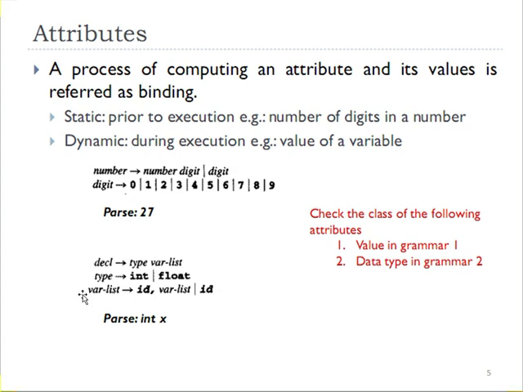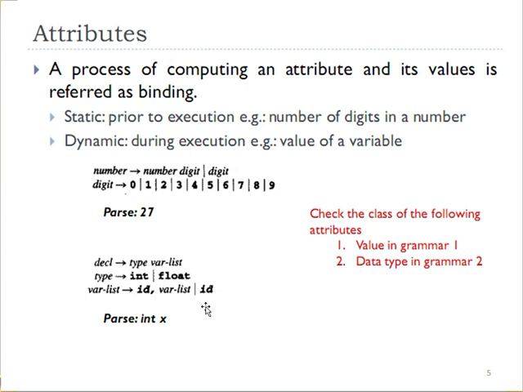You can also consider the next grammar, which is all about the declaration statement. The rule for the declaration statement is stated as: declaration derives type var list, type derives int or float, and var list derives id comma var list or id.